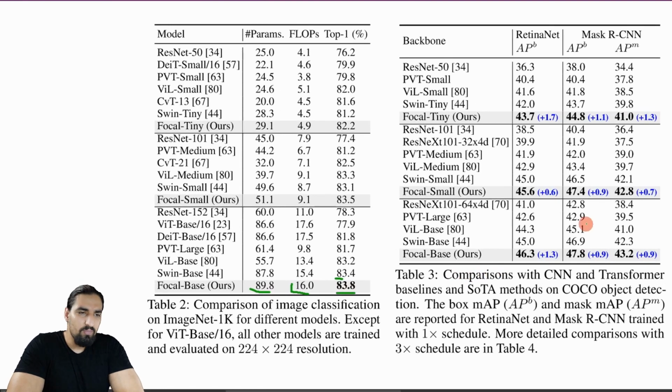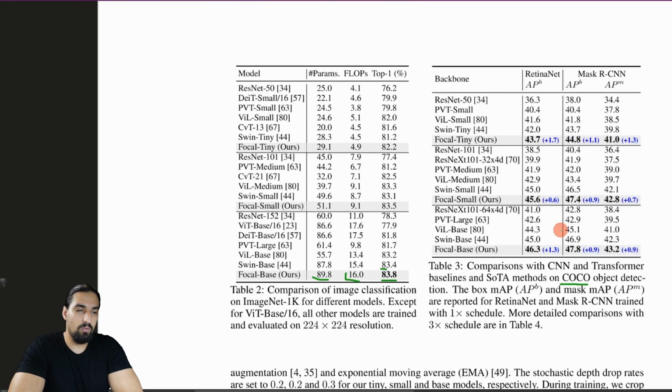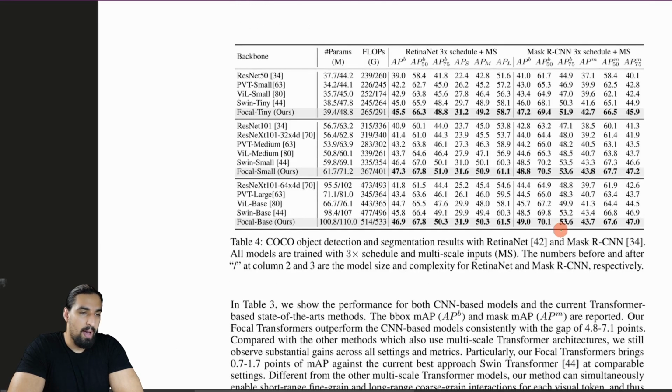And they show the same results across different tasks. So this is on COCO, which is basically object detection. They show some improvements. Again, I'm not sure about the underlying flops and number of parameters as well as the inference speed. If you don't care about those, again, they do achieve state-of-the-art results there as well.